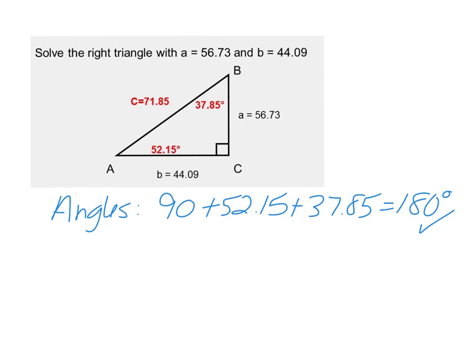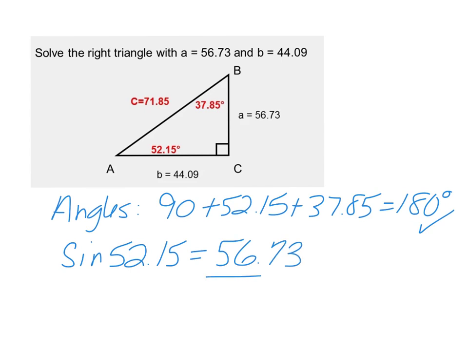The next thing that we're going to check is that our sides are in fact correct. We are not going to use the Pythagorean theorem because we used that initially to find our value of C. So we're going to take our sine of 52.15, and that would be our opposite, which is 56.73, over our hypotenuse, which we calculated, which was 71.85.